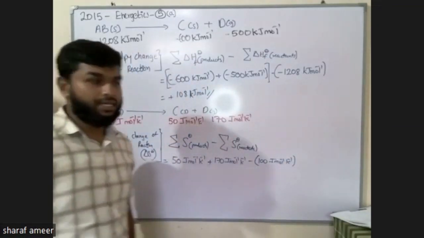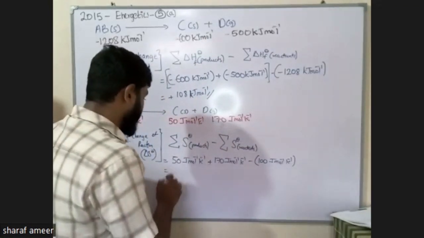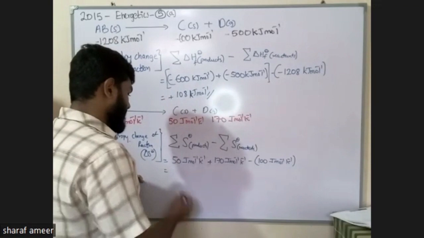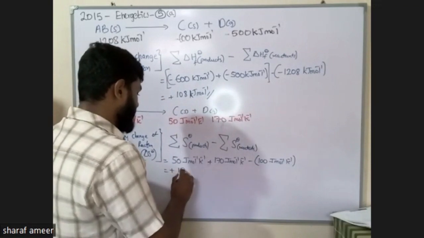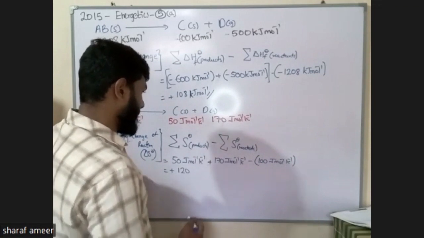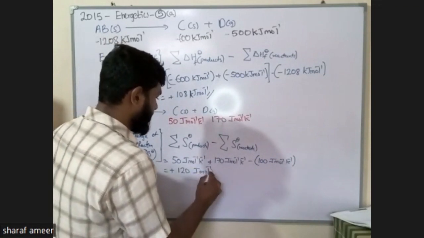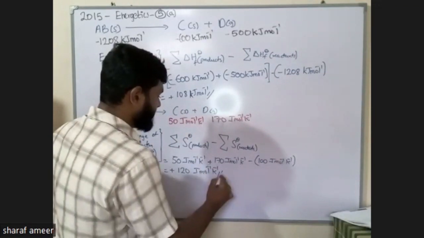So the final answer is plus 120 joule per mole per Kelvin.